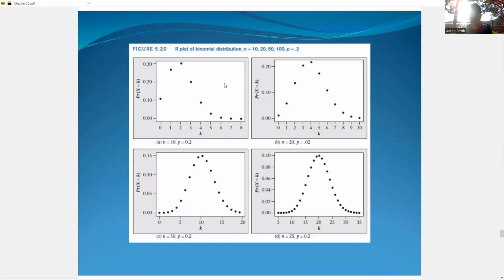And here are some plots. And so here, when we see that n times P times Q is larger, we'll have a better approximation than when n times P times Q is smaller. So here, the P is the same every single time. So the P times Q is the same. The n is getting bigger. The bigger the n, the better the approximation with the normal distribution.